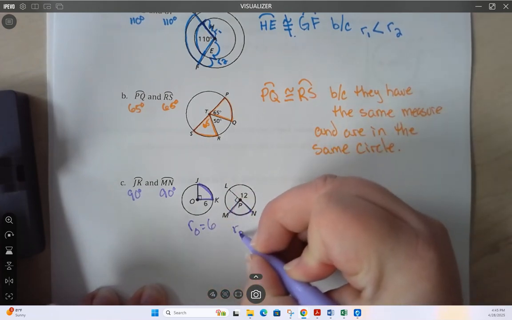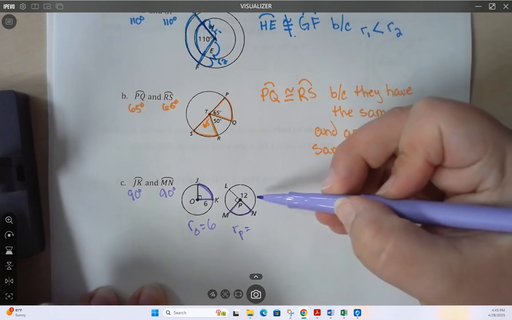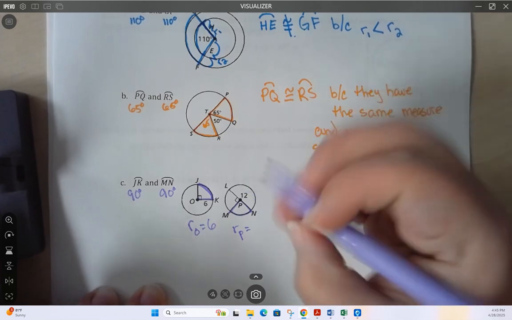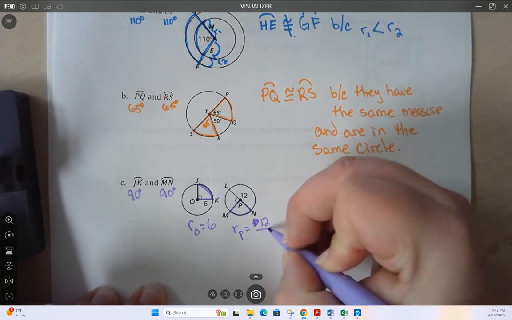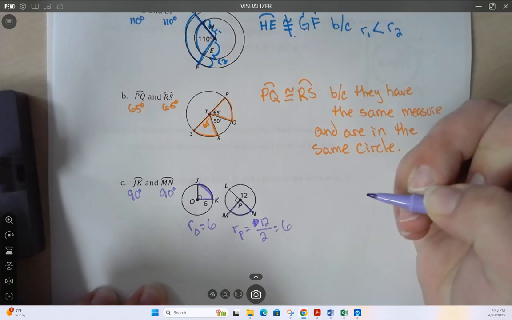For the radius of P, I'm given the diameter, so I have to do the diameter 12 divided by 2, which is 6.